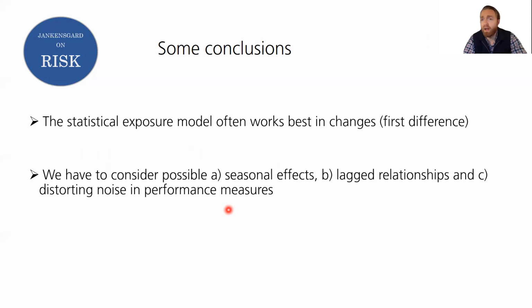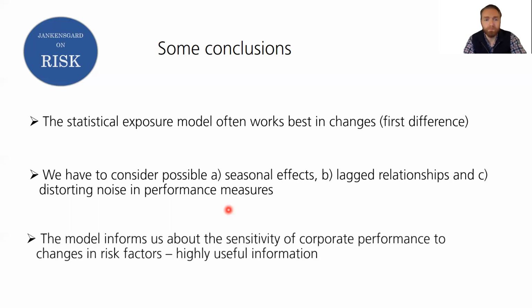Sometimes relationships are lagged, so we should be open to introduce a lag into the model and see if that improves it. There's also an issue with distorting noise in performance measures that you might want to adjust first and clean up to have a more representative measure of underlying performance. It was impairment in this case that tripped us up a little bit.